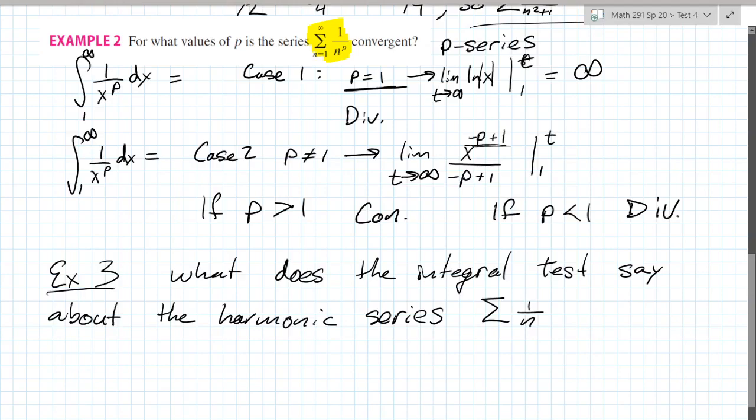But now you can use the fact that it's a p-series with p equals 1. So this is a p-series with p equals 1, just case 1 that we saw above. So it is divergent.